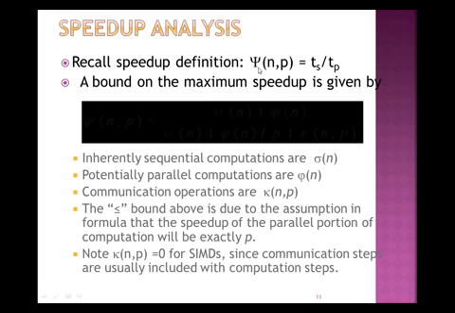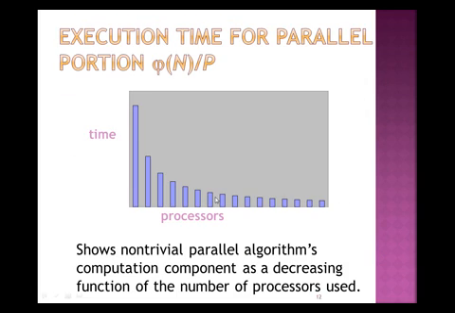We use the omega sign and the sigma sign: Ψ(n, p) is less than or equal to Ts divided by Tp. Inherent sequential computations are σ(n).